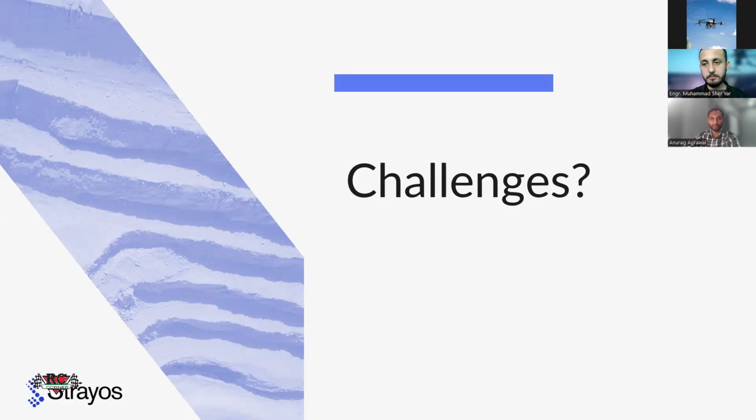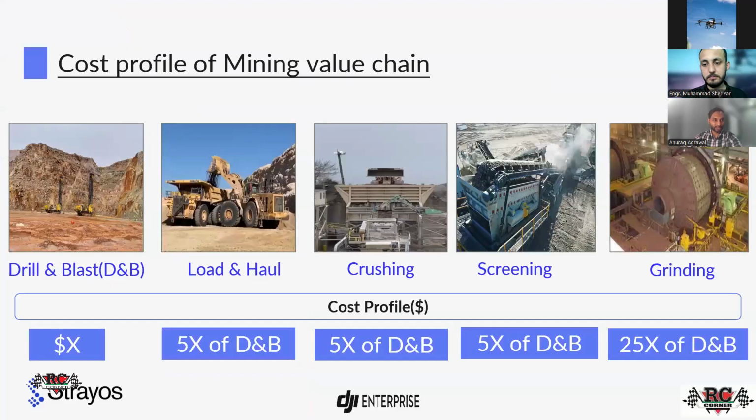If I convert this into the cost profile, let's consider X amount is the current expenditure on drill and blast. If our blast results are not positive, then definitely that will have consequences on the loading and hauling side, and similarly in crushing, screening and grinding.